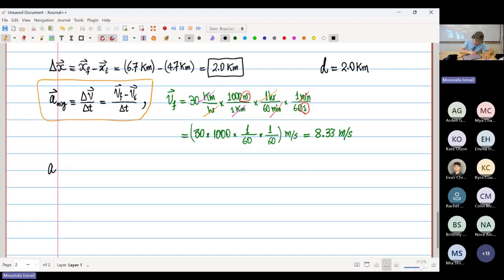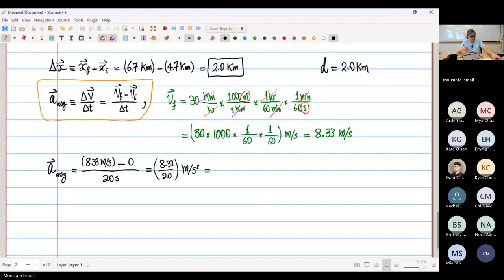So we have the average acceleration now is equal to final velocity is 8.33 meters per second. Initial velocity is just 0. And the elapsed time is 20 seconds. So this is just 8.33 divided by 20, and the units are meter per second squared. This evaluates to 0.417 meter per second squared.